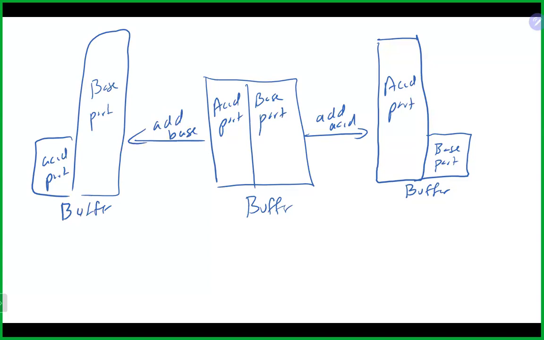There is what is known as buffer capacity, which means you can blow through a buffer. What would happen if I continuously kept adding acid, or grabbed too strong of an acid? Every time I add acid, I am just going to chew up the base part, and chew up the base part.